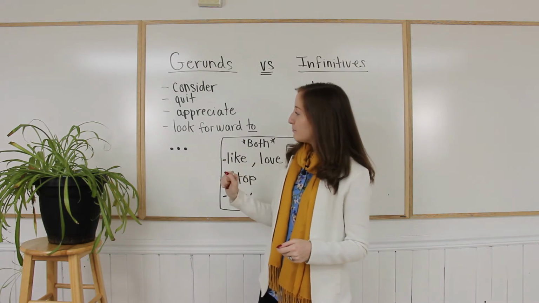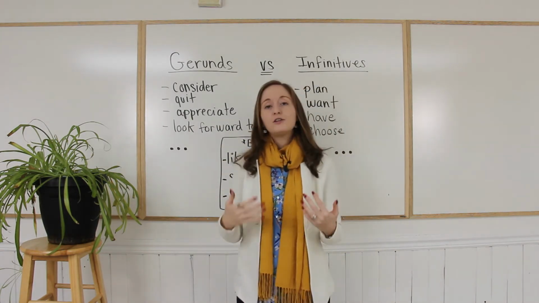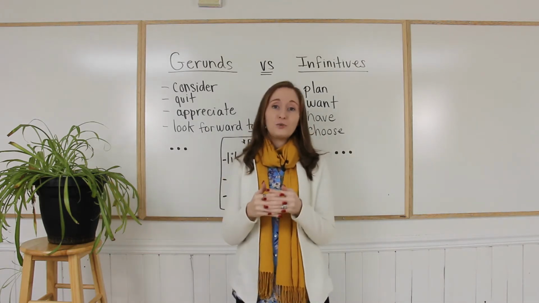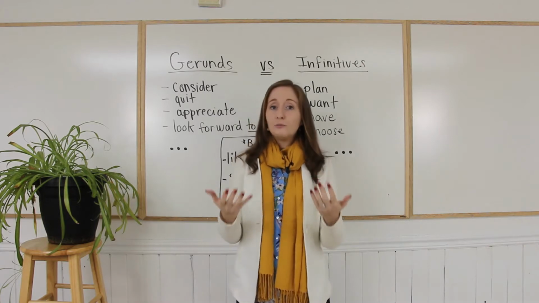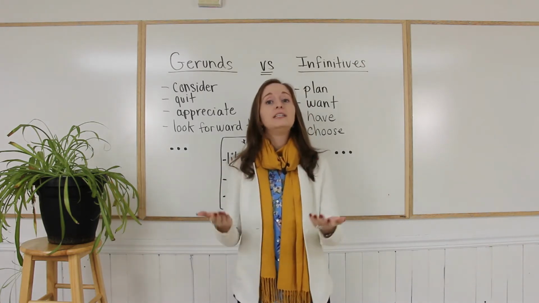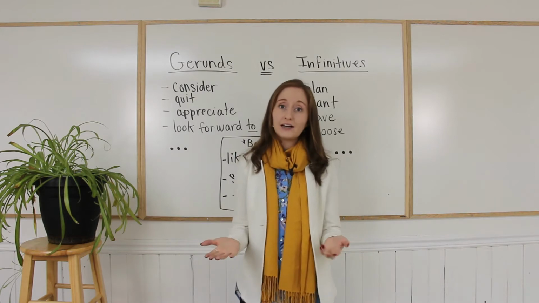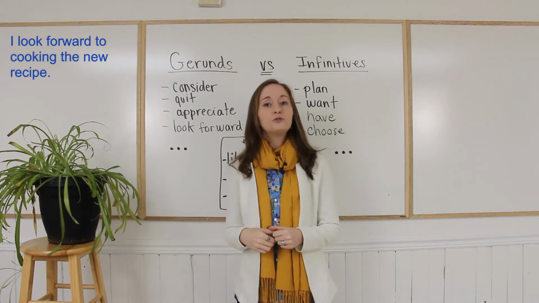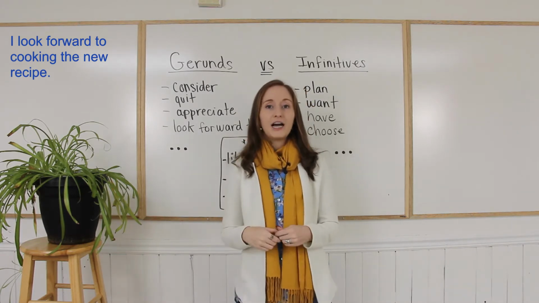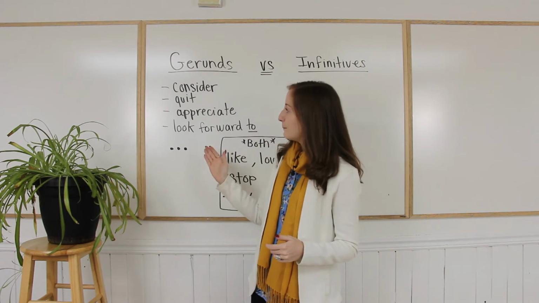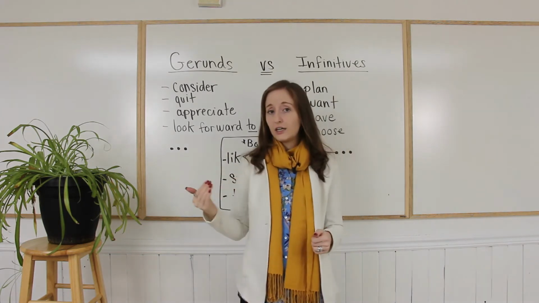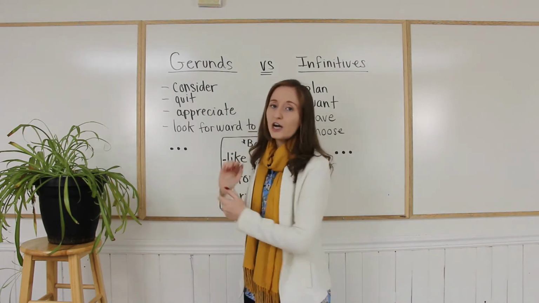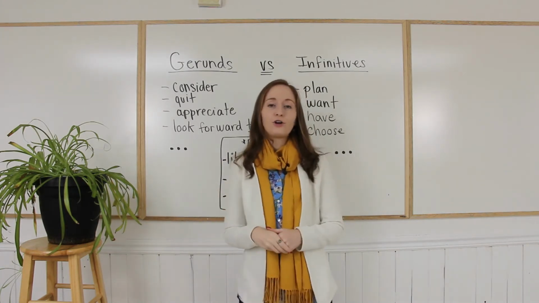And the final example, here we have a preposition. So often in English with phrasal verbs, we have a preposition matched with the verb. If this is the case, you must automatically use a gerund after to express your idea. Example, I look forward to cooking the new recipe. So cooking is my gerund. So these are 4 examples, and there are many more expressions that belong in the gerund category for certain verbs in English.